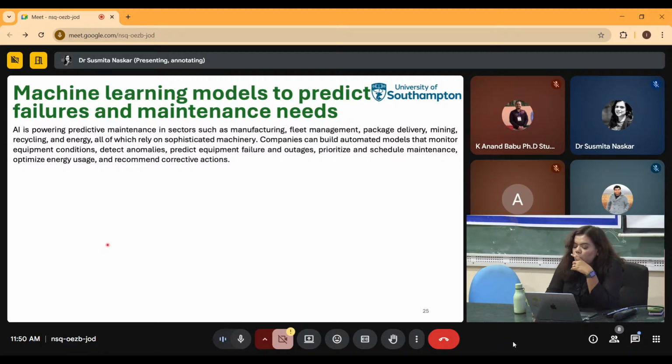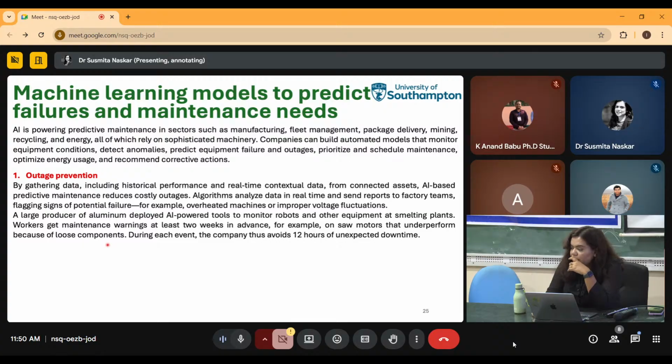Now if you focus on the key applications, the first one is outage prevention. By gathering large amounts of historical and real-time contextual data from connected assets, AI-powered predictive maintenance can help us reduce the cost of outages. These algorithms analyze incoming data instantly, and can alert us about potential issues, such as overheated machines or irregular voltage levels, way before a breakdown can actually happen.